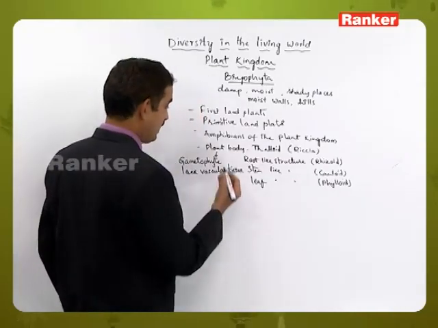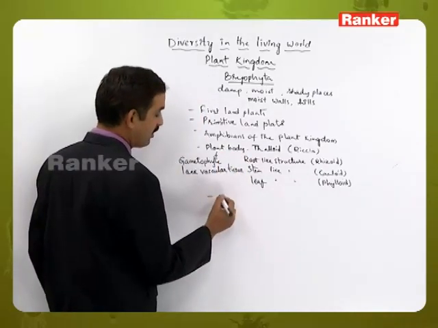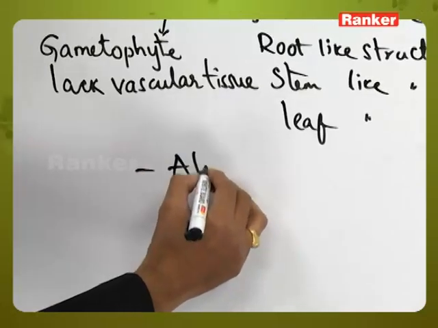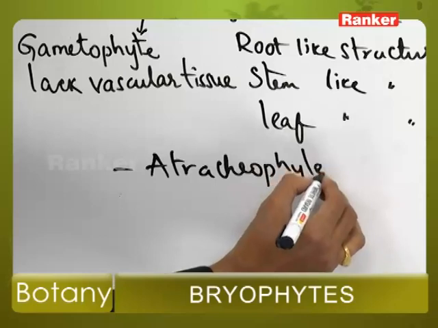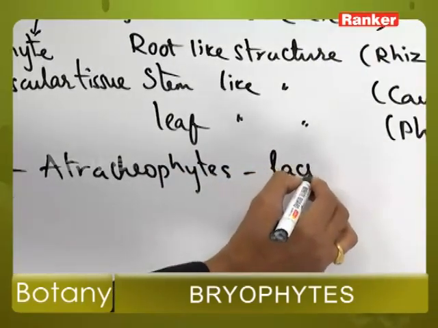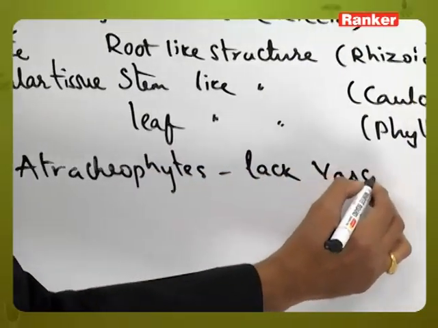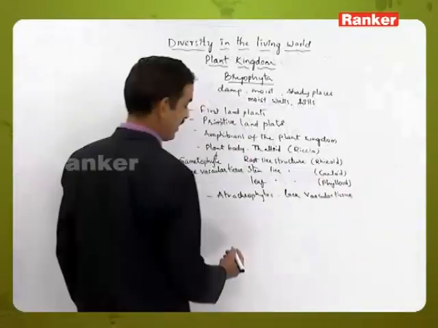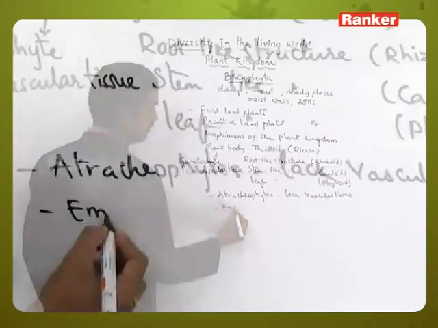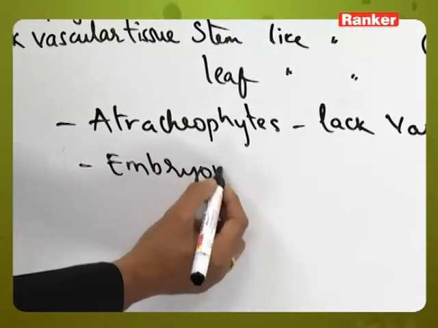These are part of the atracheophytes. Why are these atracheophytes? Because they lack vascular tissue like xylem and phloem, and these are embryophytes.